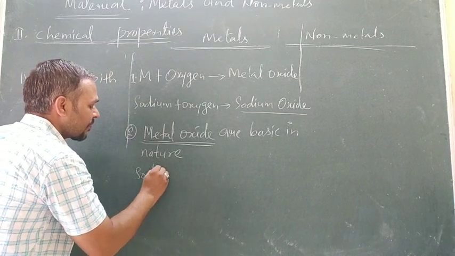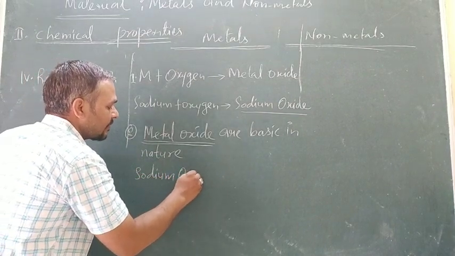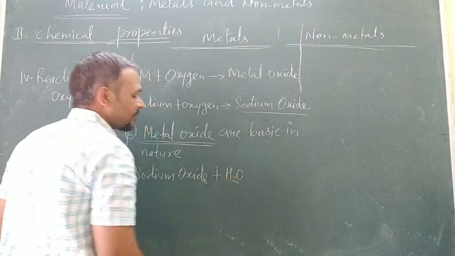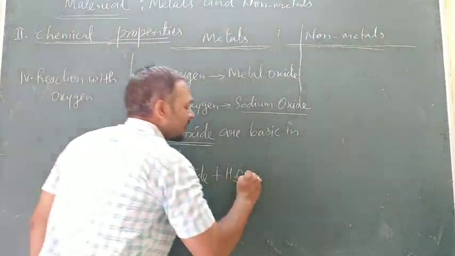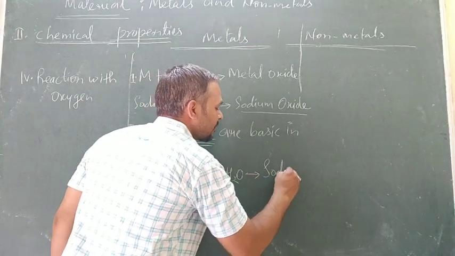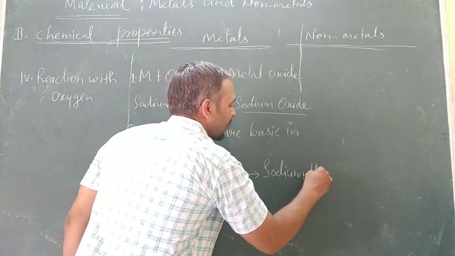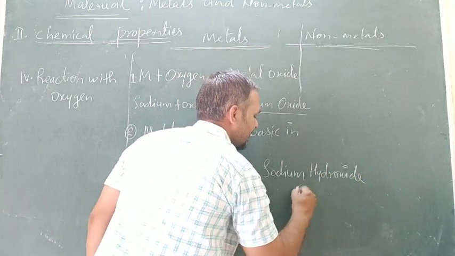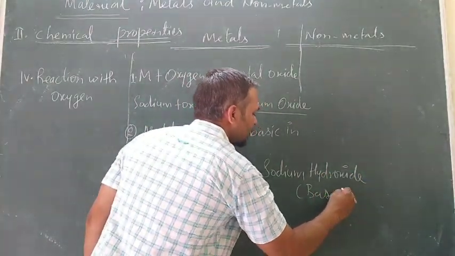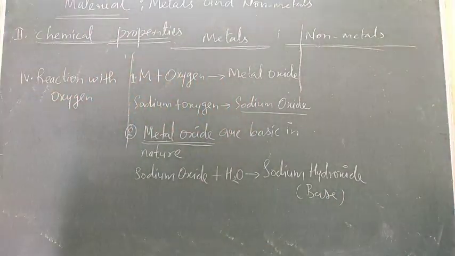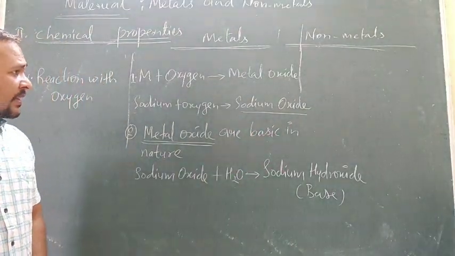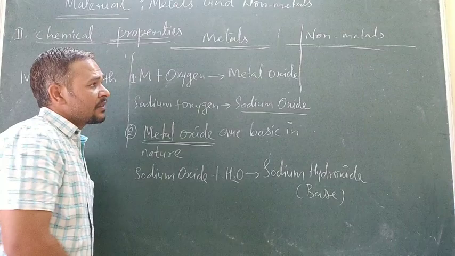Sodium oxide, when dissolved in water, right, produces sodium hydroxide, and sodium hydroxide is a base. Clear? So this is why metal oxides are basic in nature. Is that clear? Basic in nature.